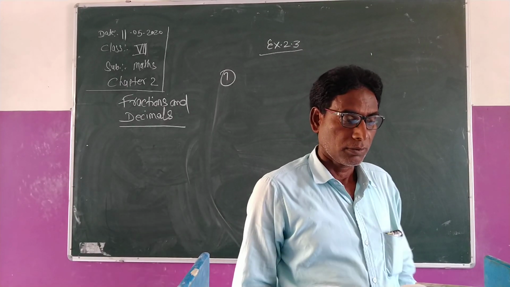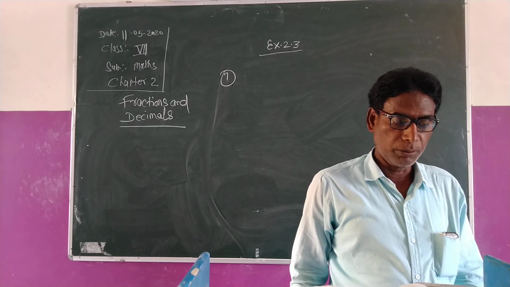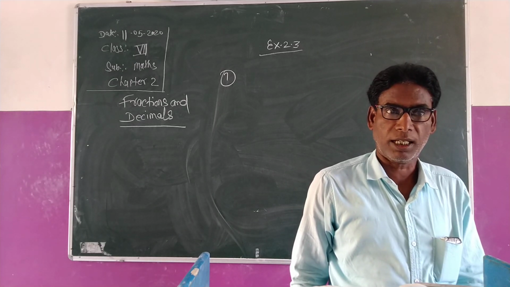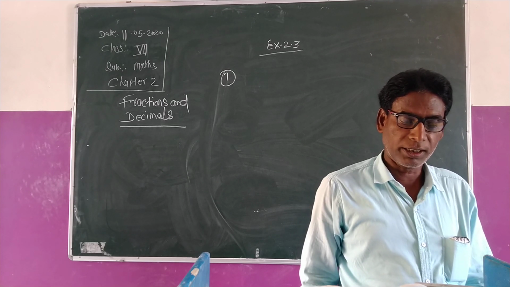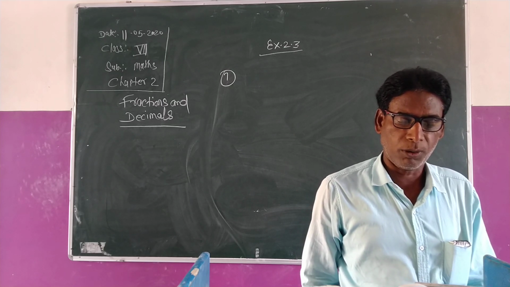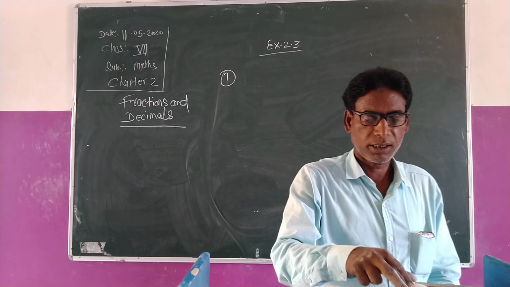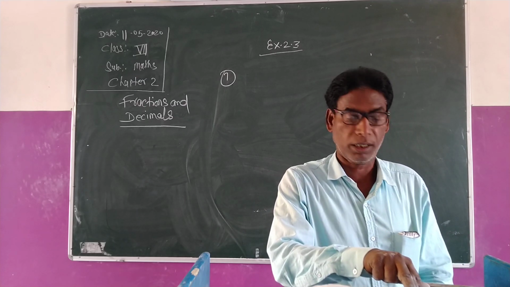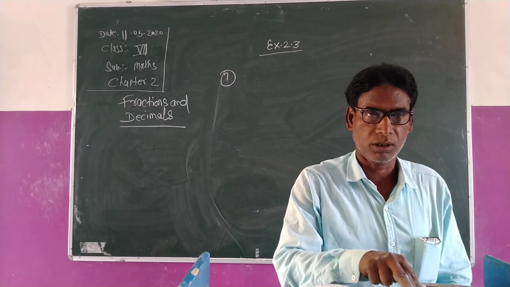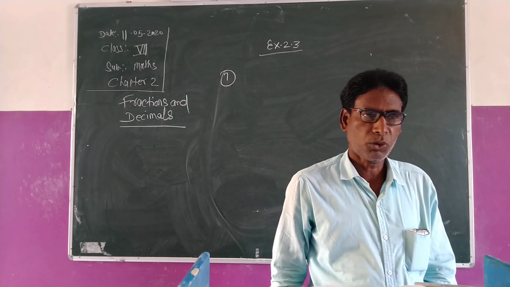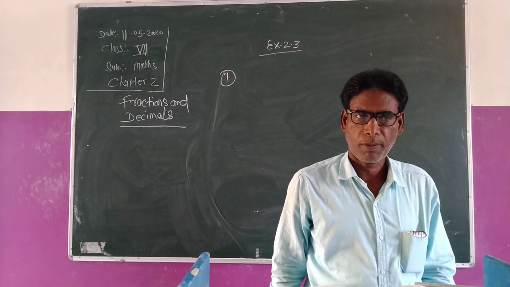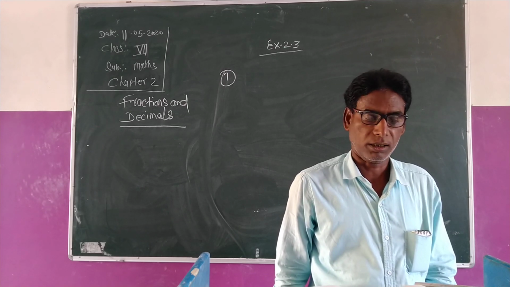Now I am going to solve your question number 7. It is the last question for today. A car runs 16 km using 1 liter of petrol. How much distance will it cover using 2 3/4 liters of petrol? It is the same as questions 1, 2, 3, which means a product.